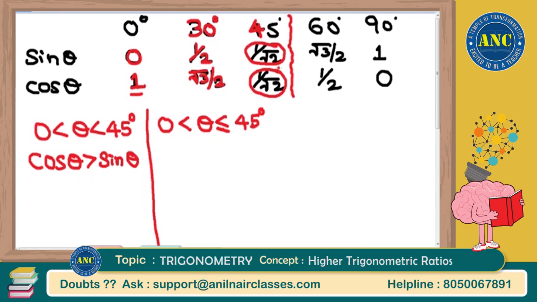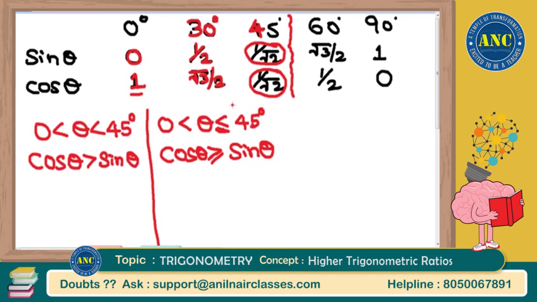That means cos theta will be greater than sin theta for any angle less than 45 degrees, but when it becomes equal to 45 degrees, cos theta and sin theta both become equal. I believe that it is clear once again. So for 0 less than theta less than 45 degrees, cos theta will be greater than sin theta.